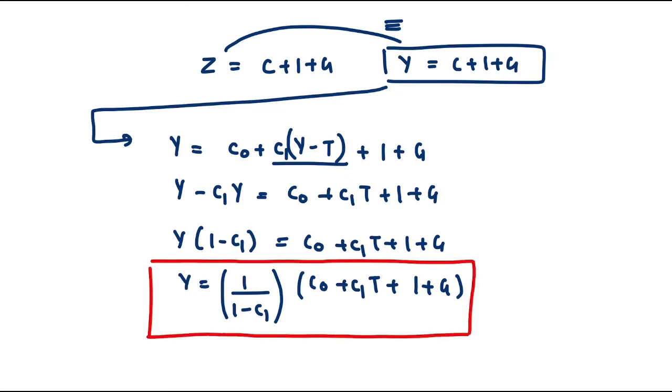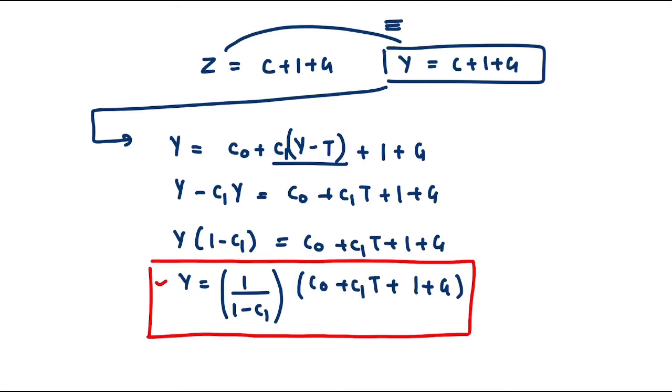So really, we haven't made any change to the equations here. All we have done is some simplification, and the simplification was to get all the Y terms on the left hand side first and then simplify the entire equation for Y. Now when we do that, we notice that there are two parts to this equation.